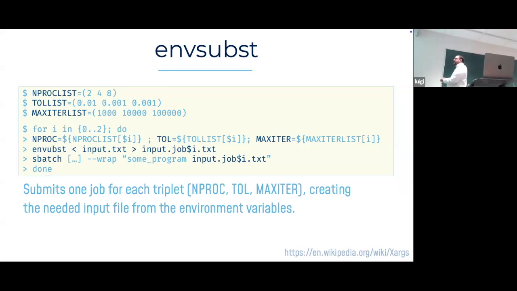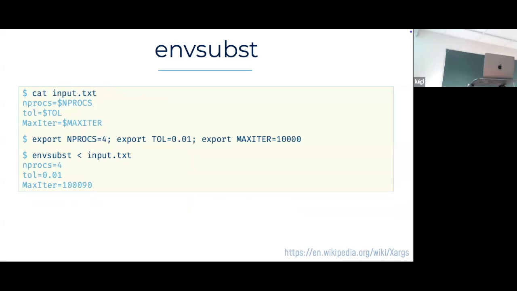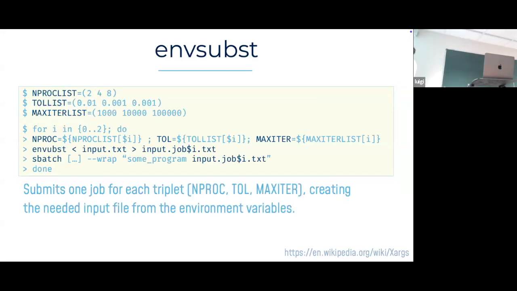So you can do something like this. With the same example as before, rather than having a single value here for each of the variables, I now have for each of the variables a bash array with the 3 values that I want to use. And so I can use a for loop where first I pick up from all 3 arrays the ith element and put it in the variables, the same variables that are defined in this file.